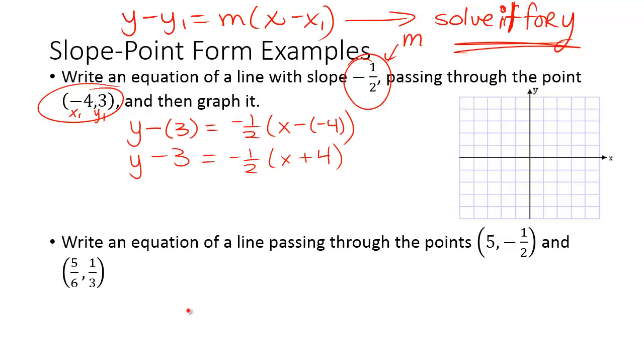So that's actually an x plus 4. And now if you distribute that, negative a half x, and then negative a half times positive 4 would be negative 2, right? Half times 4 is 2.